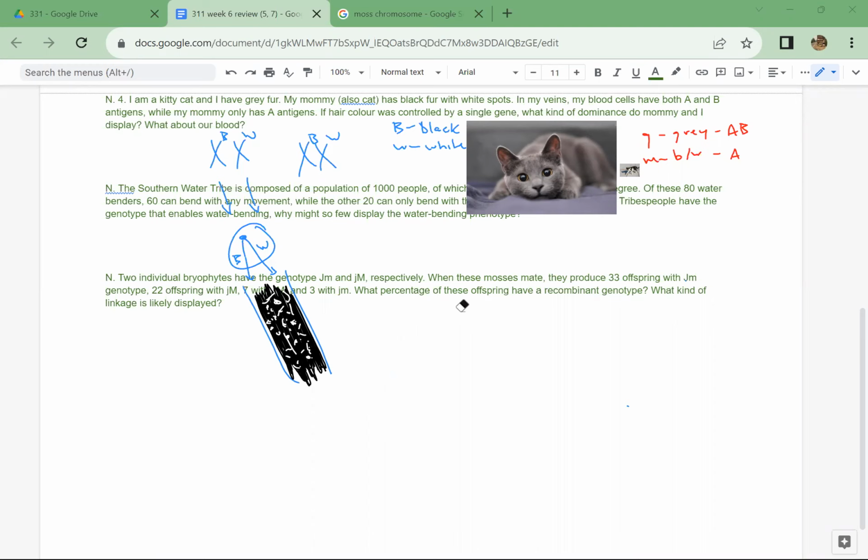So what is this where we have two alleles that contribute to the phenotype?